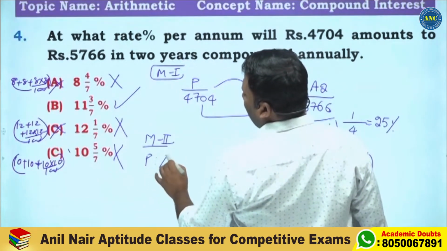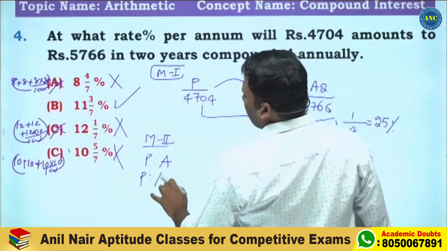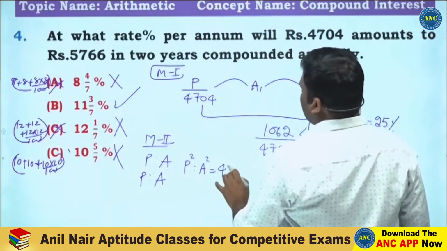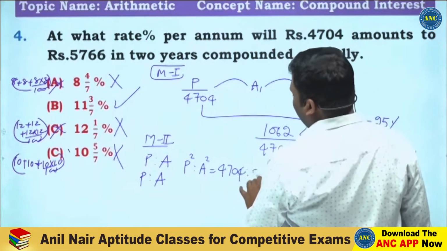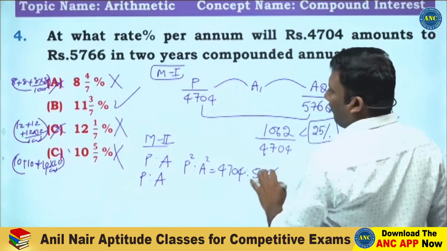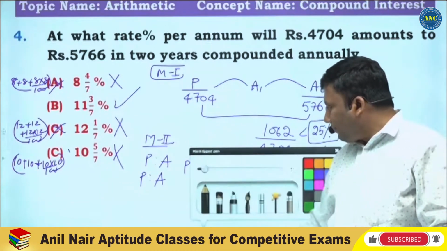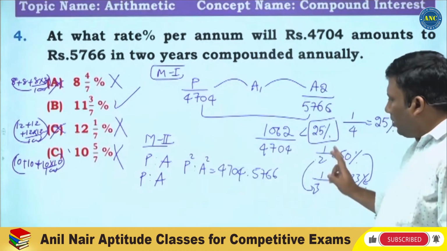First year it is P is to A, second year it is also P is to A. So P square is to A square. This is a waste of time, sir. 5766, now see here, square, right?